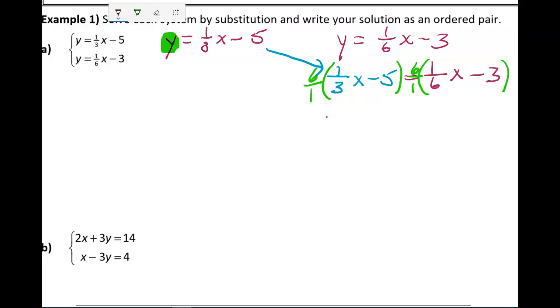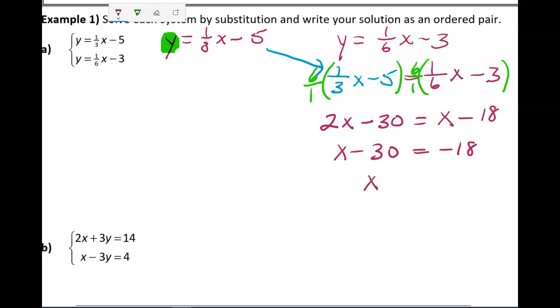So 6 times 1/3 is 2, 6 times 5 is 30, 6 times 1/6 is 1, so we've got 1x, minus 3 times 6 is 18. Now we can subtract off x, and then we can add 30, and adding 30 gives us an x value of 12.